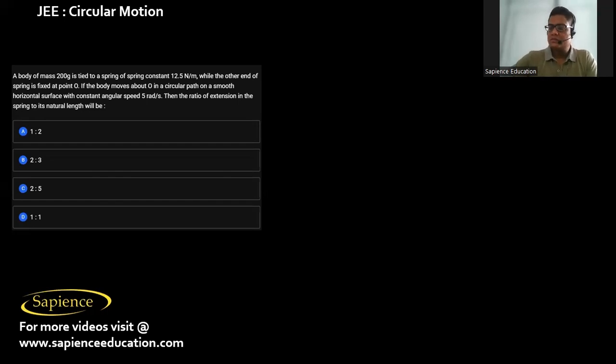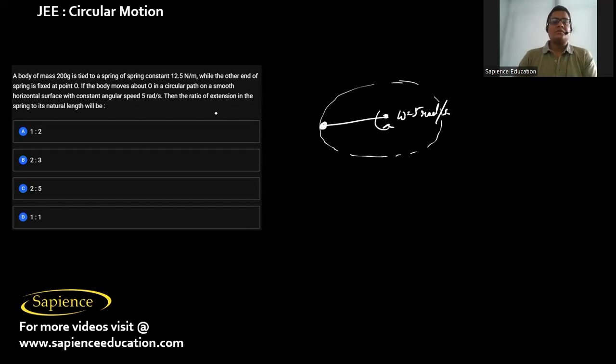Then here it is told that a body of mass 200 gram is tied to a spring of spring constant 12.5 Newton per meter, while the other end of the spring is fixed at a point O. If the body moves about point O in a circular path on a smooth horizontal surface with constant angular speed, which is 5 radian per second, then the ratio of the extension in the spring to its natural length will be.